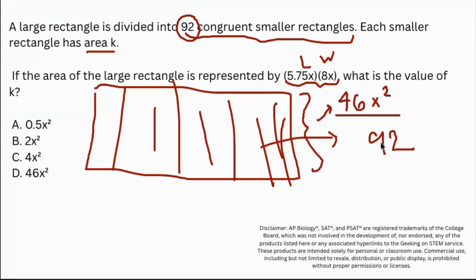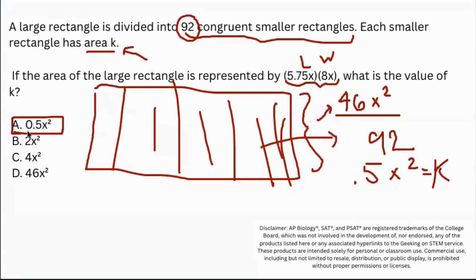So you can just do 46 divided by 92, and that gives you 0.5. You keep the x squared. And that is the value of K, which is each smaller rectangle. So that's each individual rectangle, and that's what they're asking for. So the value is just going to be A.